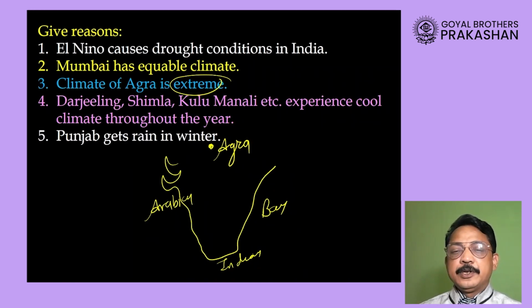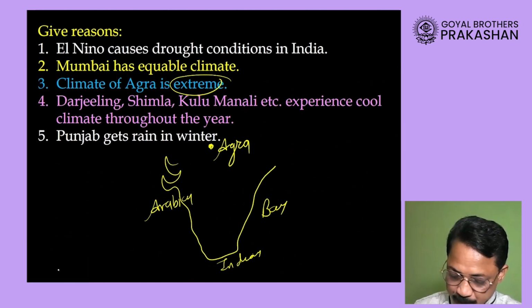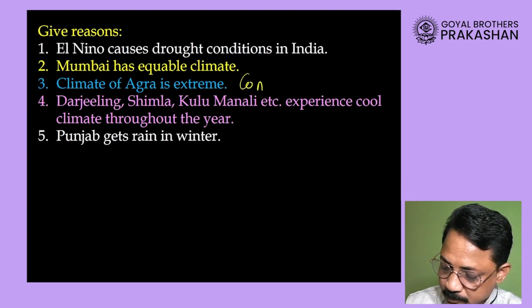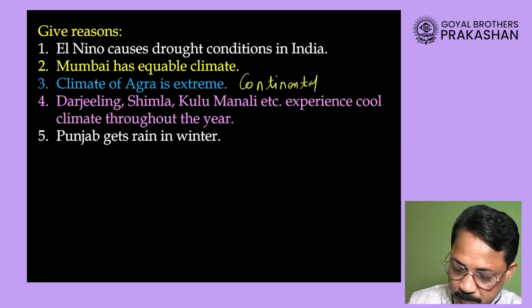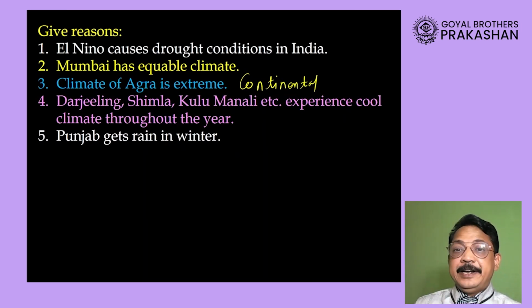Again, here the key words are away from the moderating effect of the sea. So instead of the word extreme, in examination the word continental can also be used. So the climate of Agra is continental type of climate. Answer is the same.